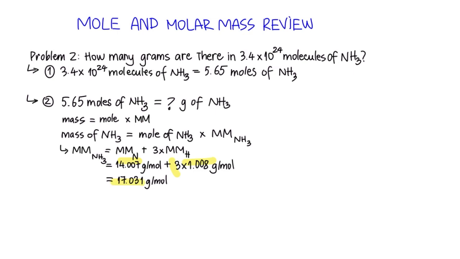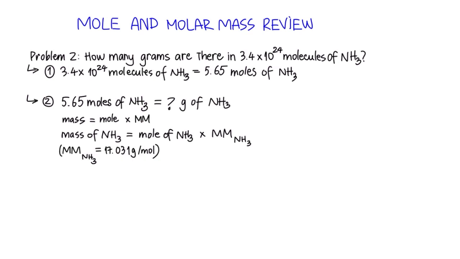That's the molar mass of NH3. So now that we found the molar mass of NH3, we're going to go ahead and calculate the mass of NH3. Plugging numbers in, that's going to be 5.65 moles times 17.031 grams per mole, and that's going to give us the answer of 96.0225 grams of NH3.